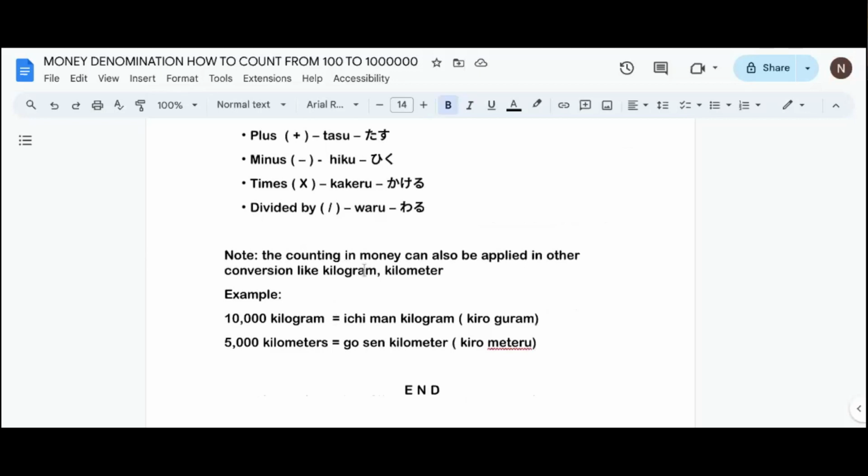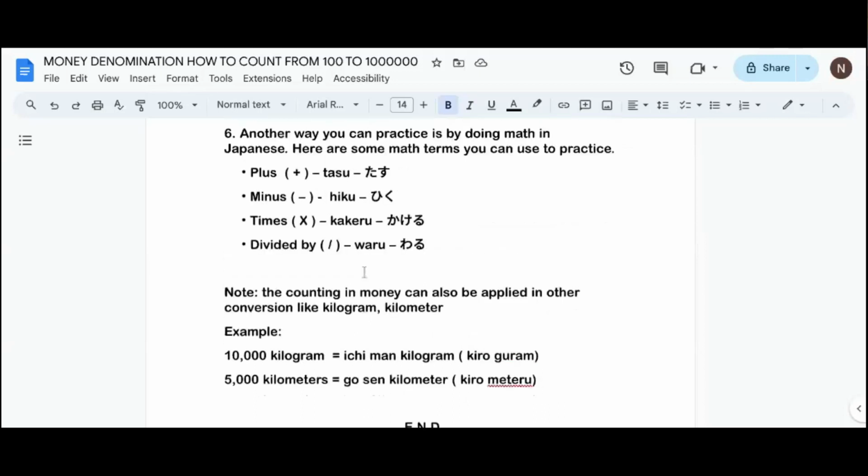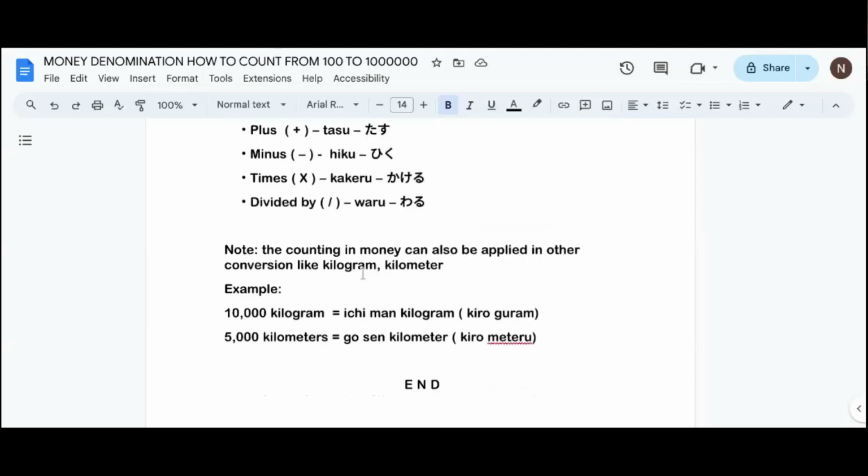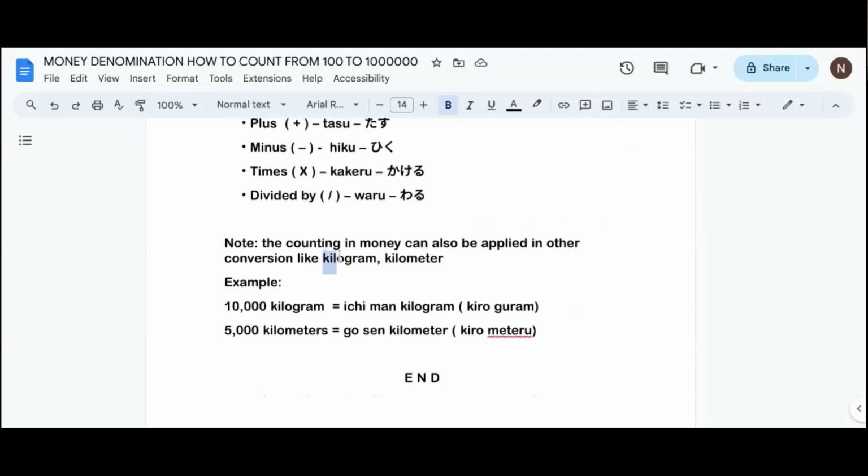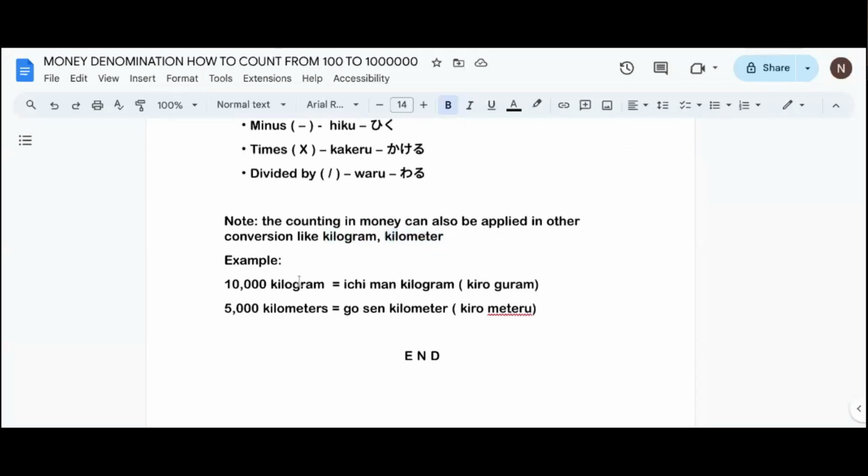Now, I add some notes here. Although we apply this in money, in yen, the counting by hundreds, by thousands, by 10,000s, you can also apply in, for example, kilogram or kilometer. For example, 10,000 kilogram.